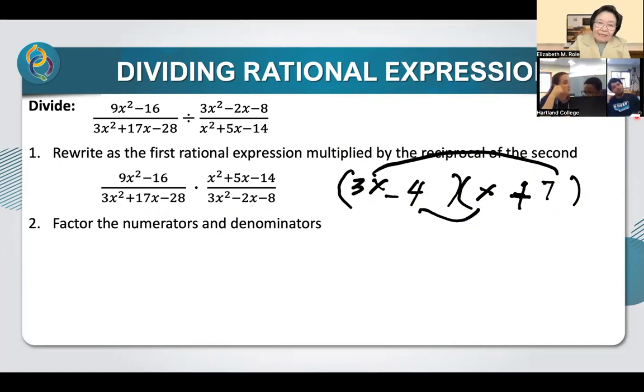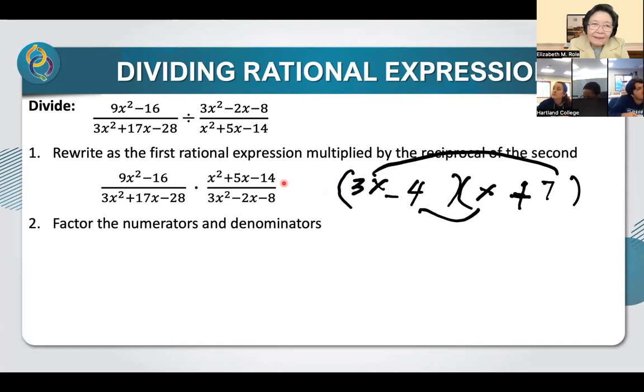All right, now how about x squared plus 5x minus 14? What will be your factors? Yeah, the factors of 14 are 7 and 2, right? Yes, x plus 7 and x minus 2.